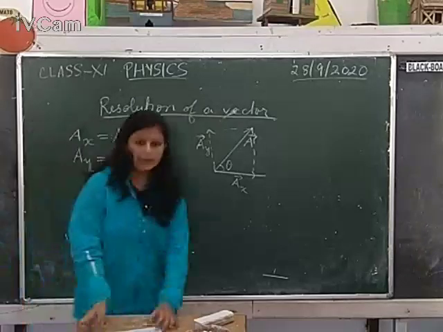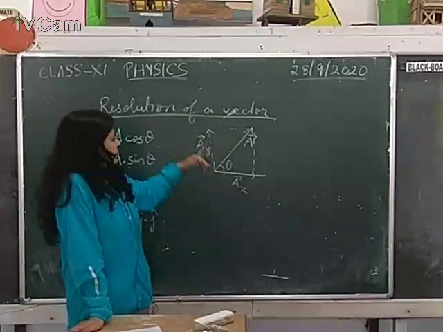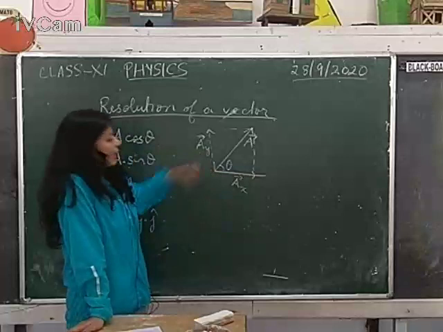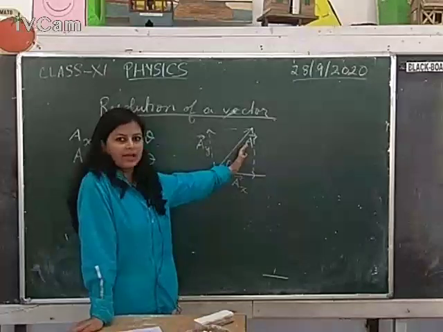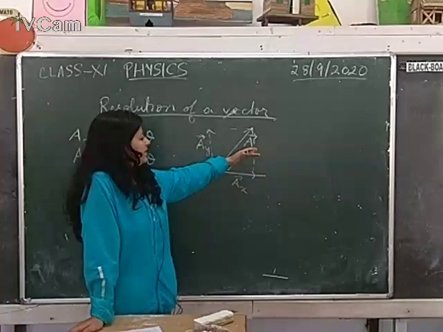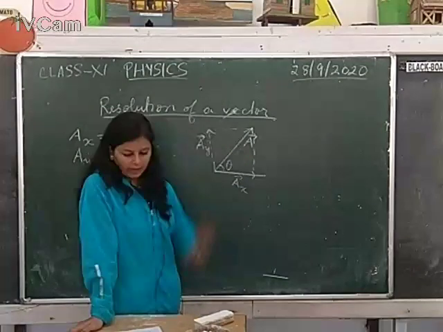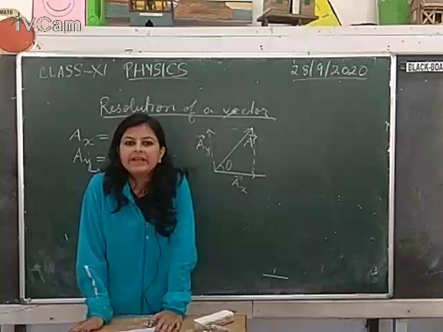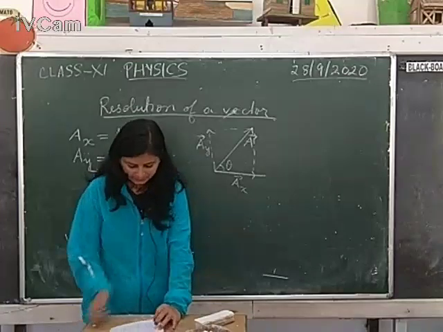All right. Now, if you add ax and ay, again you'll be getting back A. But if you just resolve it into two components, A will be resolved into ax and ay, which are exactly perpendicular to each other.